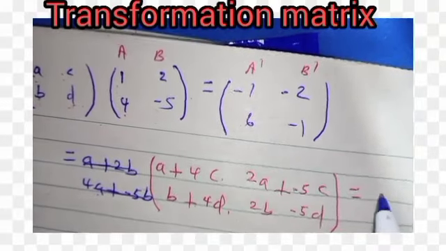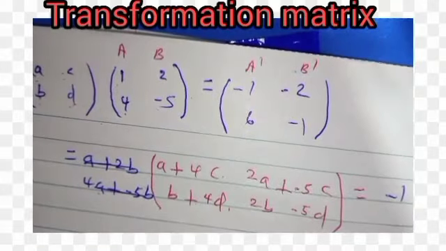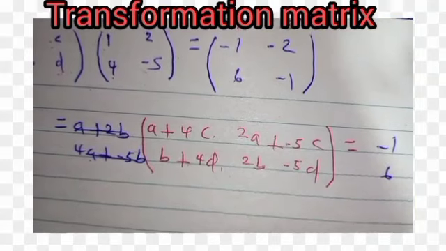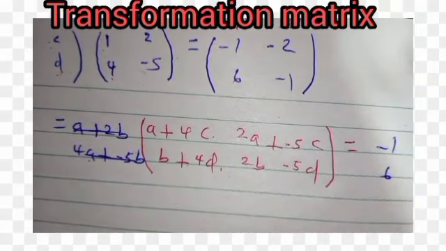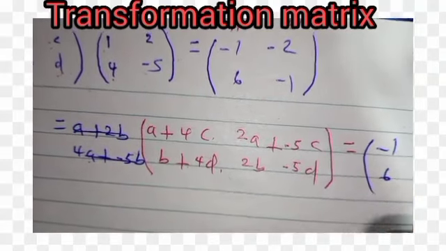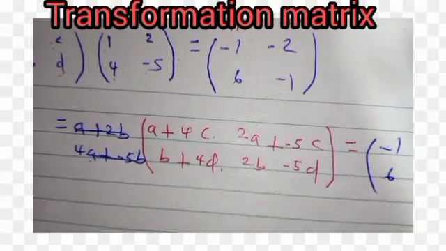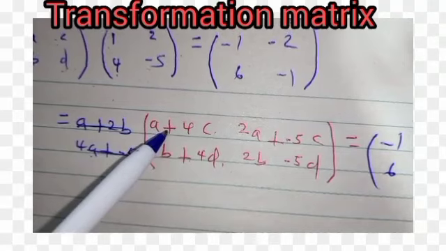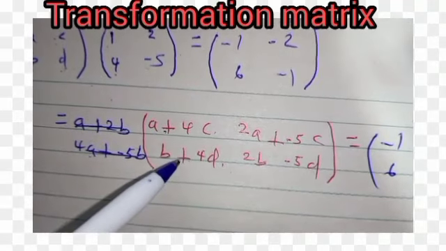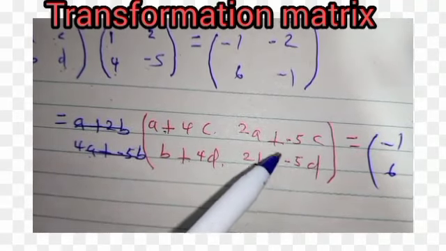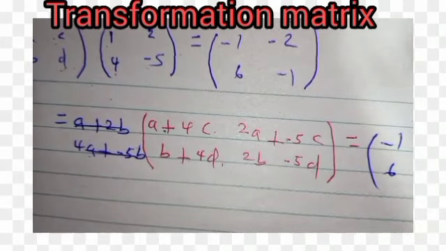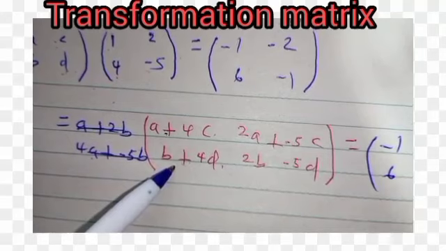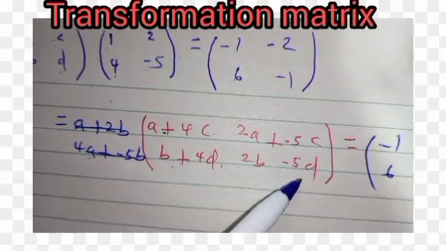Our image is the one which is here, (-1, 6), (-2, -1). So what I have done here is multiply the row times the column to get each element, as shown here.